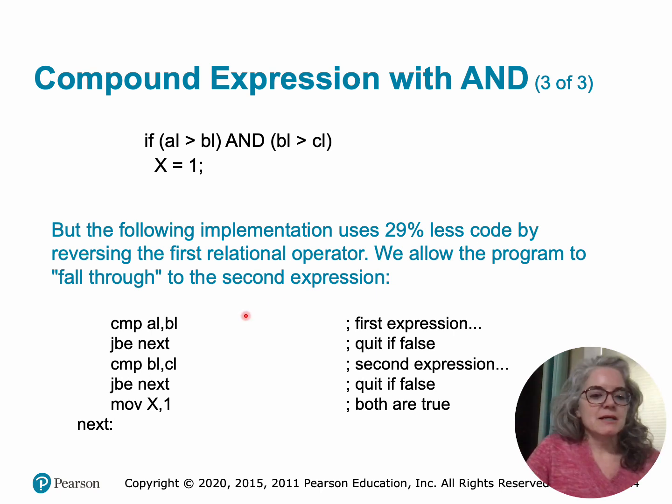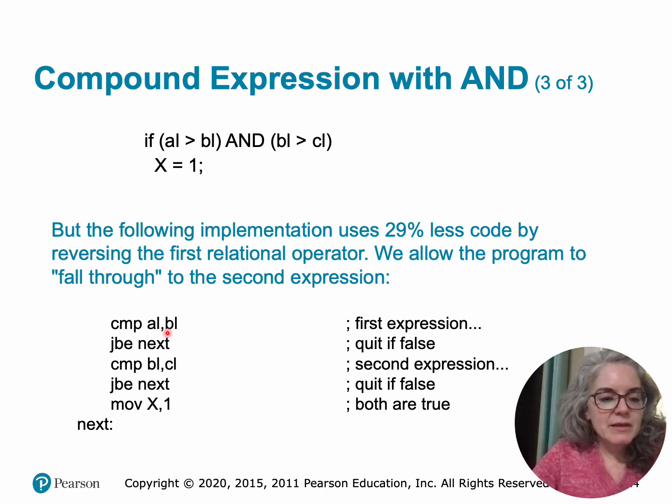So first what it does is it compares AL and BL, same thing as before. And what we're going to check for is jump if it's below or equal to. So here at this point, we're going to quit immediately if it's false.